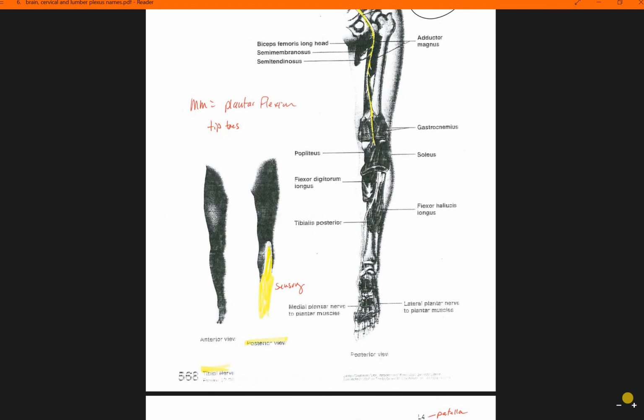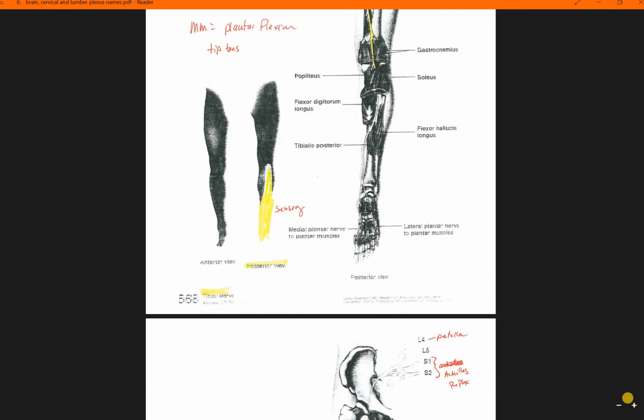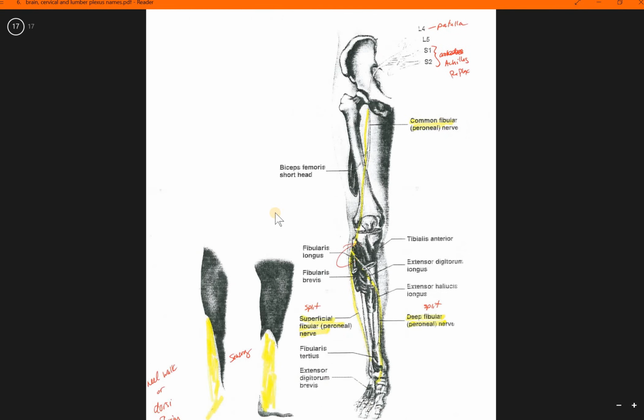And then it goes down the back of the leg. Sensory is basically the calf area, the gastrocnemius area. So sensory pinwheel, does this feel the same as this? Comparing right to left.